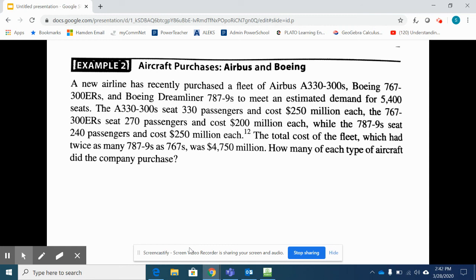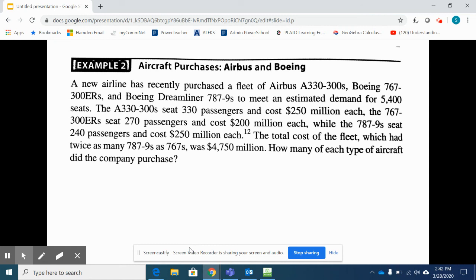The A330-300 seats 330 passengers and costs $250 million each. The 767s seat 270 passengers and cost $200 million each, while the 787-9s seat 240 passengers and cost $250 million each. Okay, so what do we know about that?